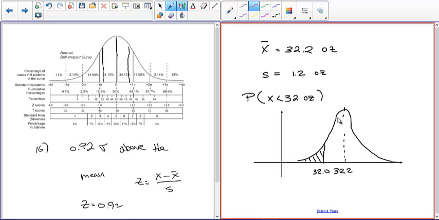And because the normal curve is symmetric, the procedure you do on the left-hand side is the same as the procedure you do on the right-hand side. So if we can find the z-score associated with this data value, then we can find the area between here and here.